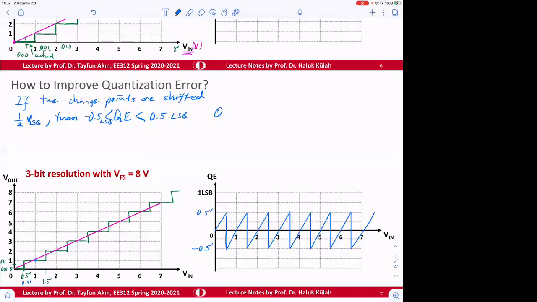Okay, or we can say that quantization error is below 0.5 LSB.